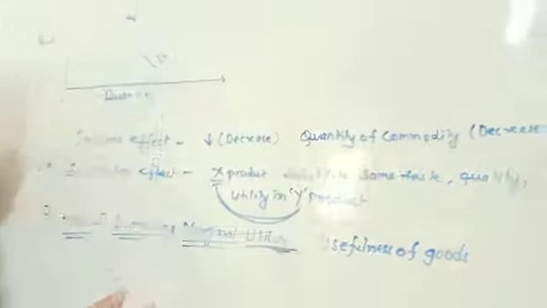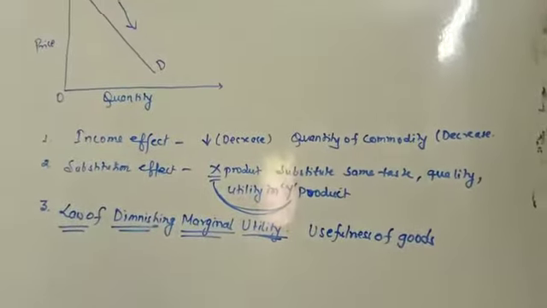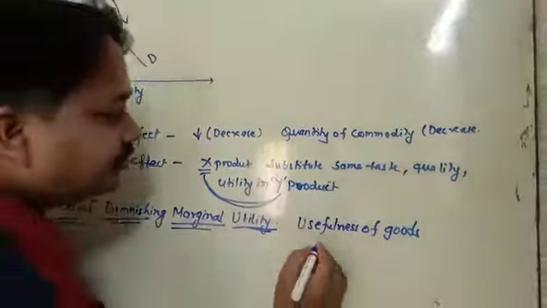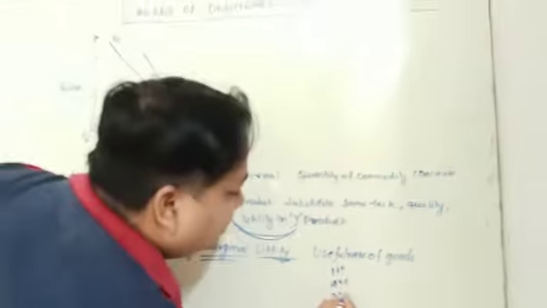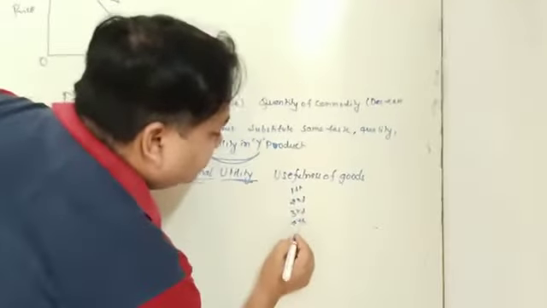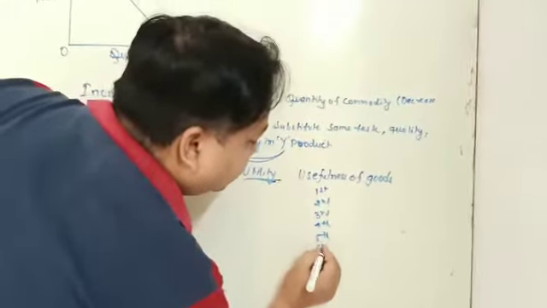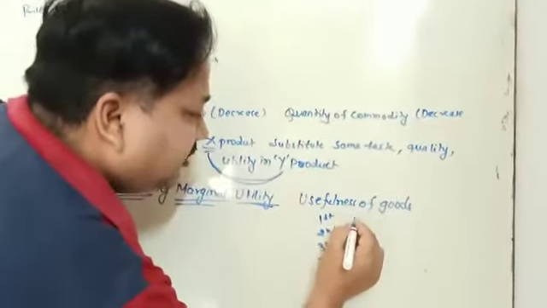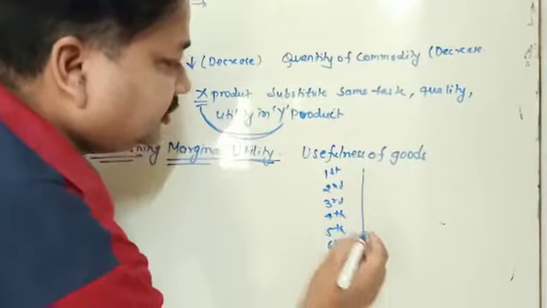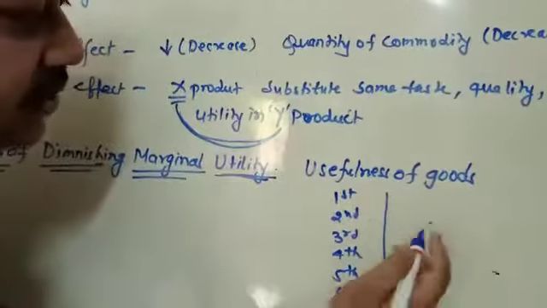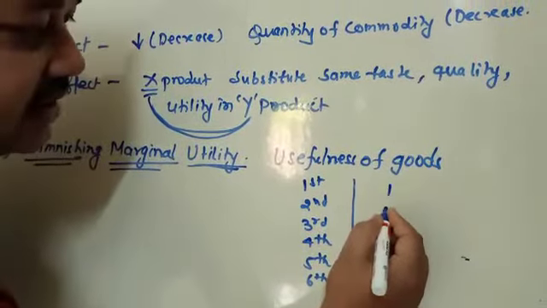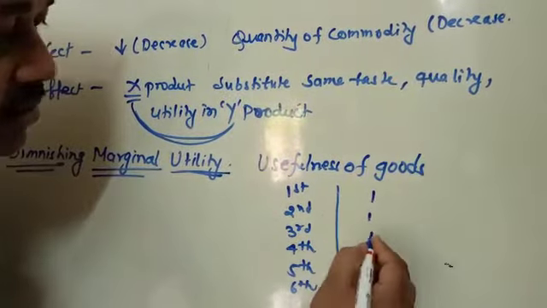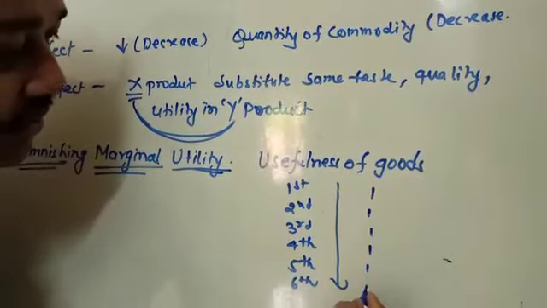Marginal means when you are going to consume first, second, third, fourth, fifth, sixth. When you consume from first, second, third, fourth, what will happen? The consumption increases, 1, 2, 3, 4, 5.